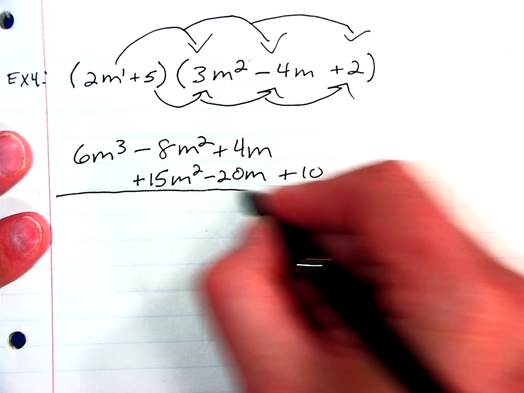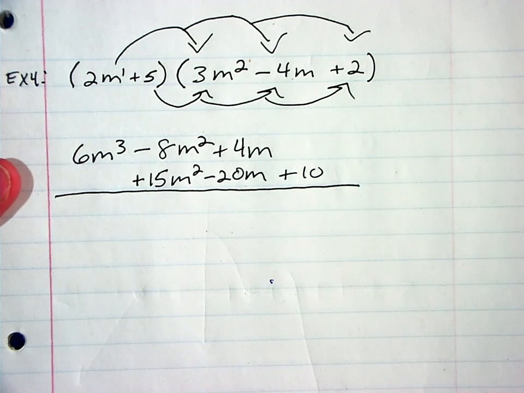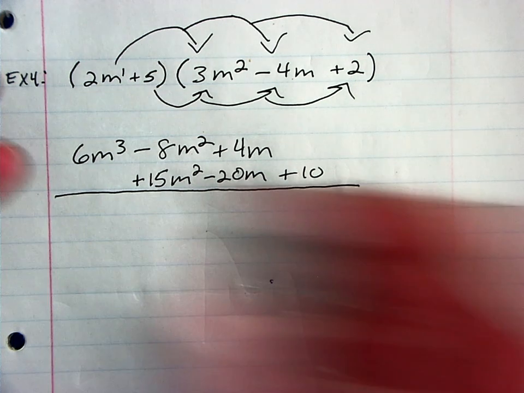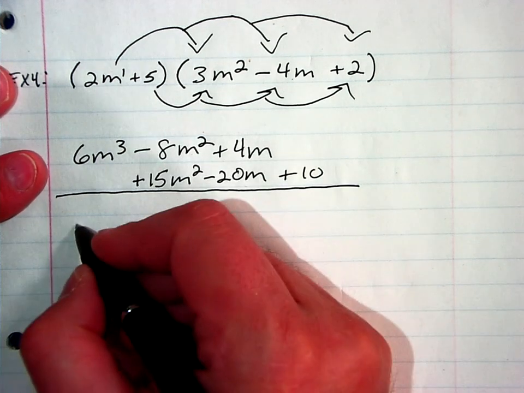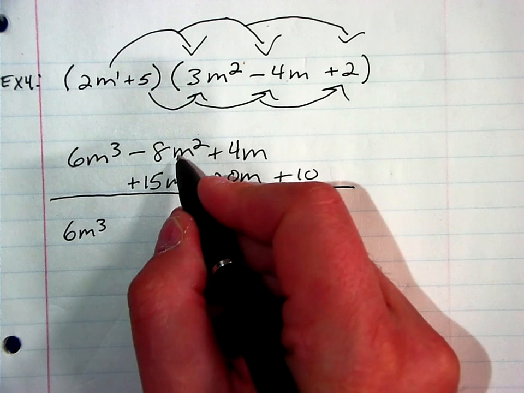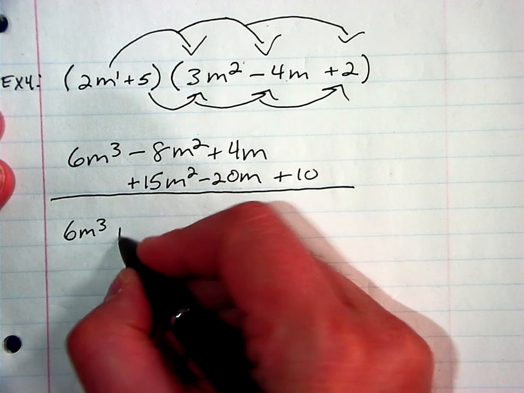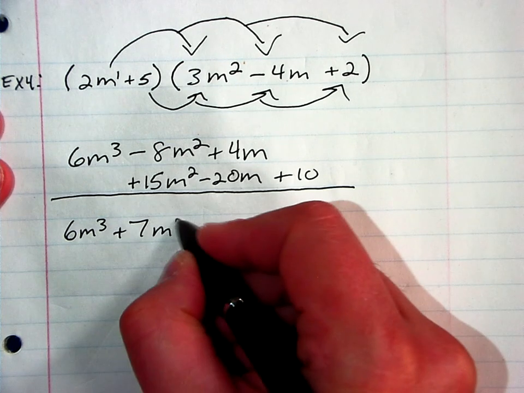So see how my variables and exponents lined up? In my mind, it's just an easier way of combining like terms. Does 6m cubed have anyone to combine with? So just drop it down. Negative 8m squared plus 15m squared is 7m squared.